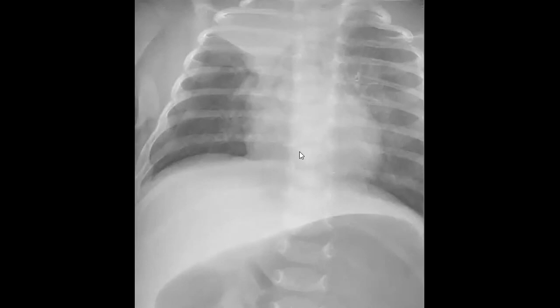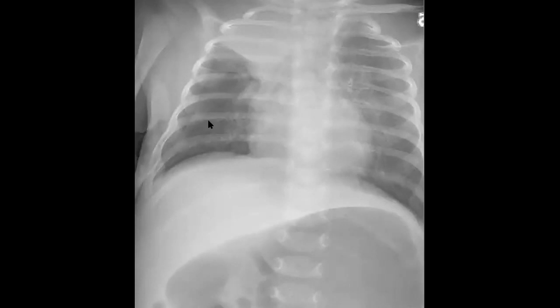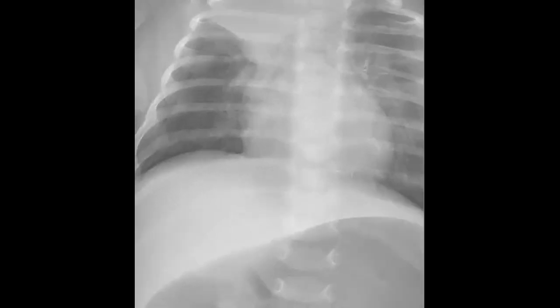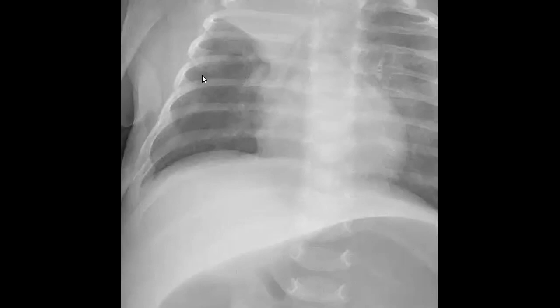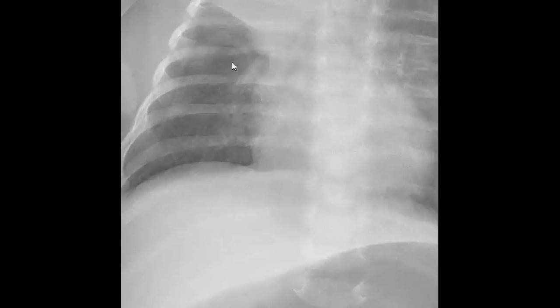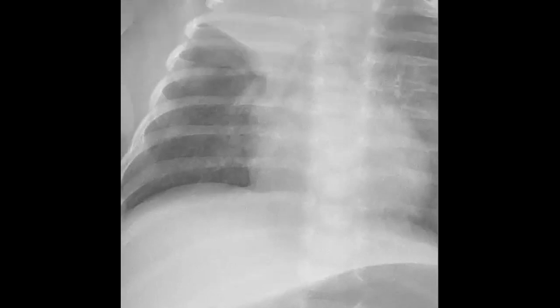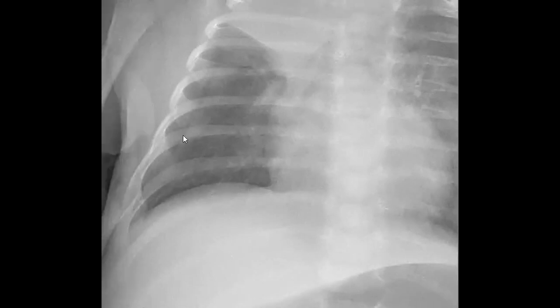You have this consolidation in the right upper lobe with maybe collapse. If you check here, you can find the line. So what do you think about this line?